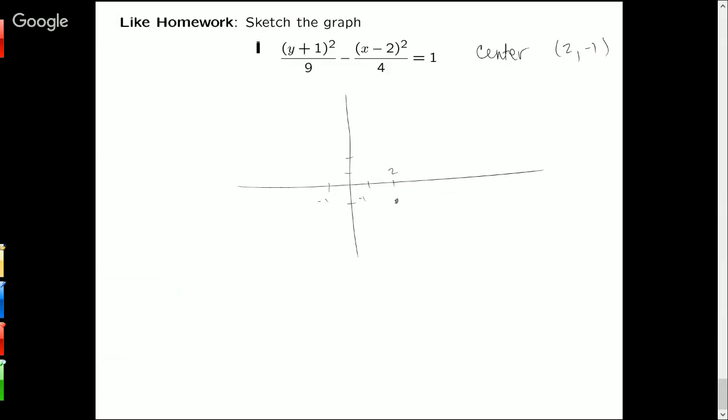And then up and down, it's under y, so how much goes up and down? 3. So 1, 2, 3. And then left and right, 2.